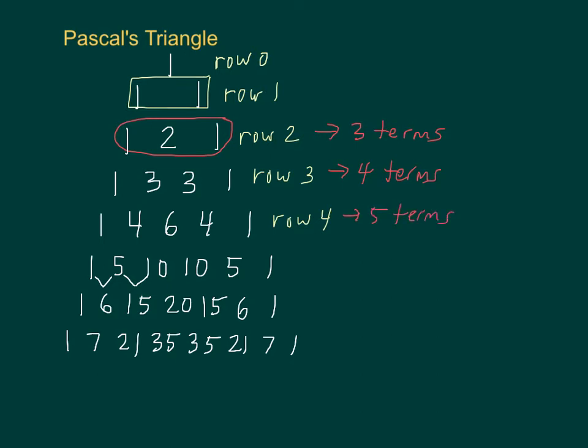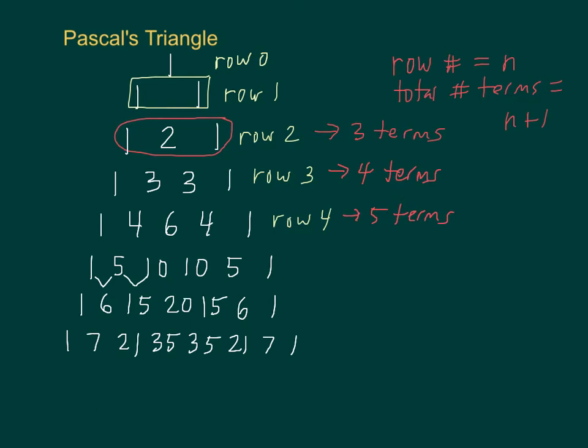So if the row number equals n, then your total number of terms is equal to n plus 1. So just be aware of that.